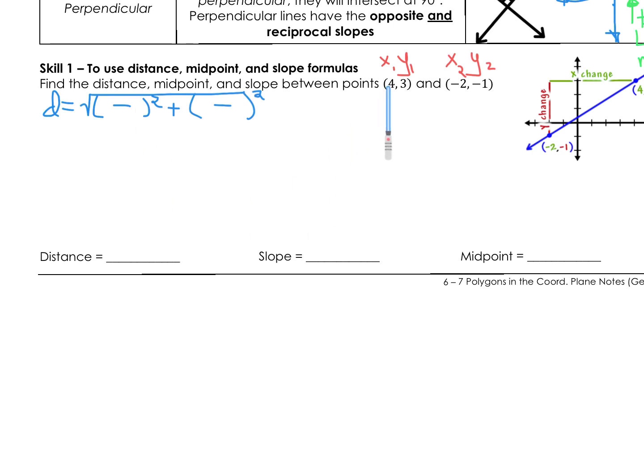So I'm going to do 4 for x sub 1 and -2 for x sub 2. So I'm subbing in 4 for x sub 1 and then -2 for x sub 2. And then for my y's, my y sub 1 is 3 and my y sub 2 is -1. So those go in the next slot. So 3 and -1. And then we're just going to do the math.